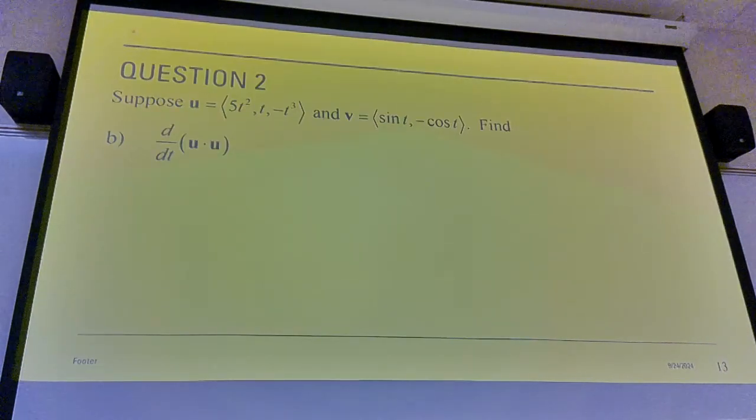Which gives you what? u squared. Now from here, what do you want to do?